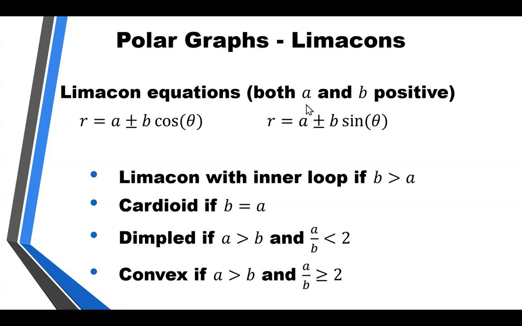Now, the reason I want to say that both of these are positive is because we get that limaçon with an inner loop if B is bigger than A. When B is equal to A, that's where it went back and hit the origin or the pole. And that particular limaçon is called a cardioid.